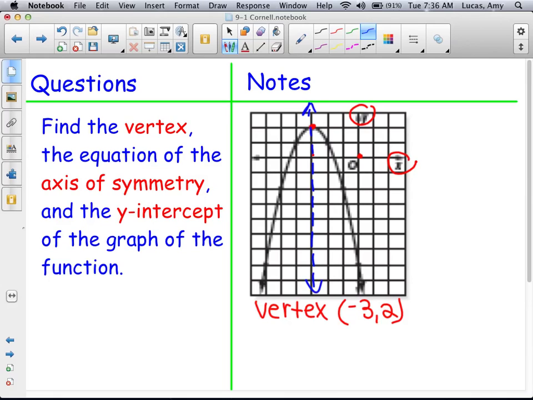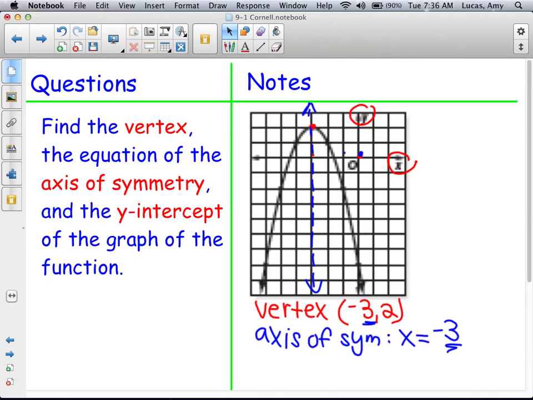From the origin, 1, 2, 3 to the left, so my axis of symmetry is x equals -3.